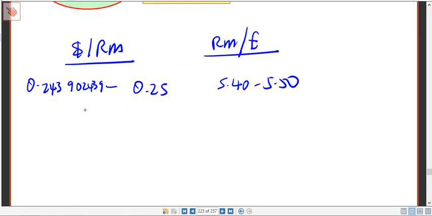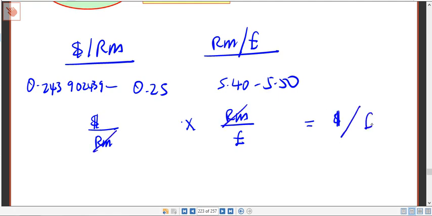Now, dollar to RM. What must you do here? Multiply or divide? Multiply with RM to pound. What are you going to get? End result. Dollar, RM goes off, correct? Dollar to pound.